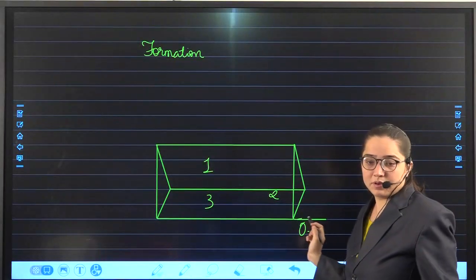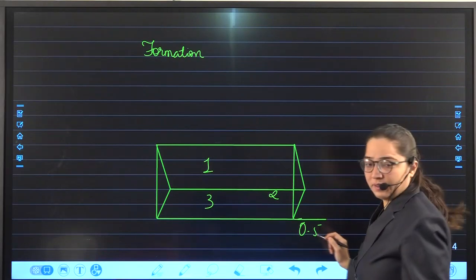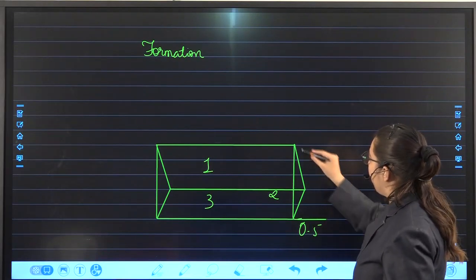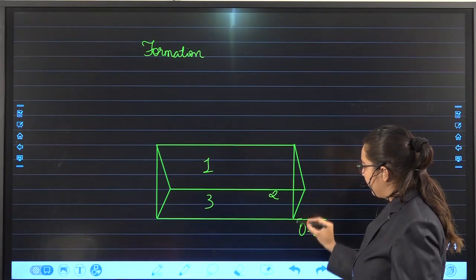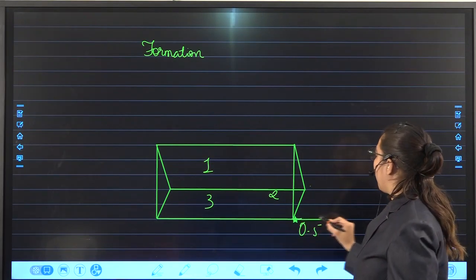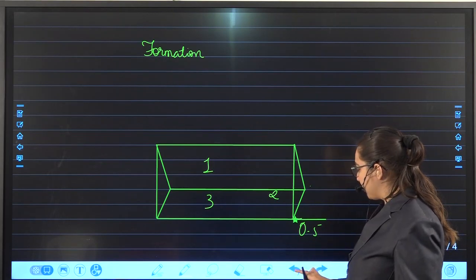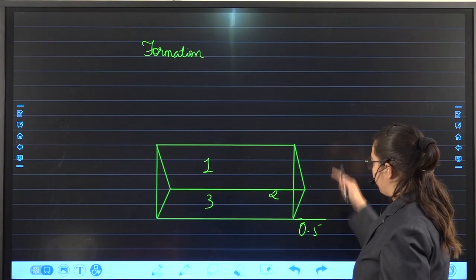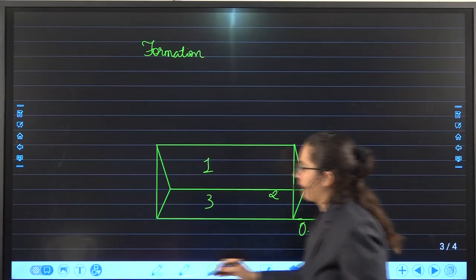Okay, this much. So over here, at the first part, keep one triangular prism, and after 0.5 centimeter, keep another triangular prism over here.